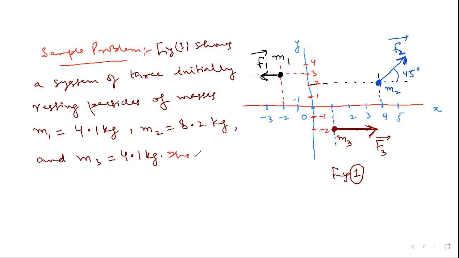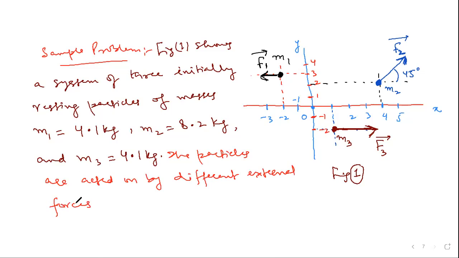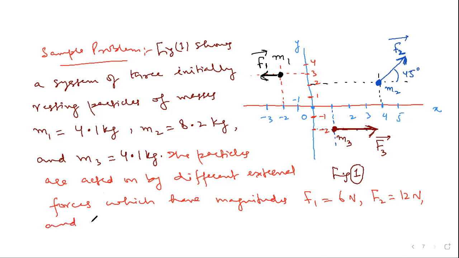The particles are acted on by different external forces which have magnitudes F1 equal to 6 Newton, F2 equal to 12 Newton, and F3 equal to 14 Newton.